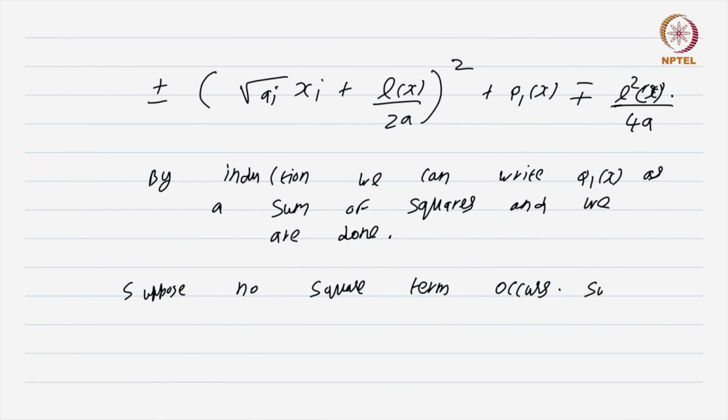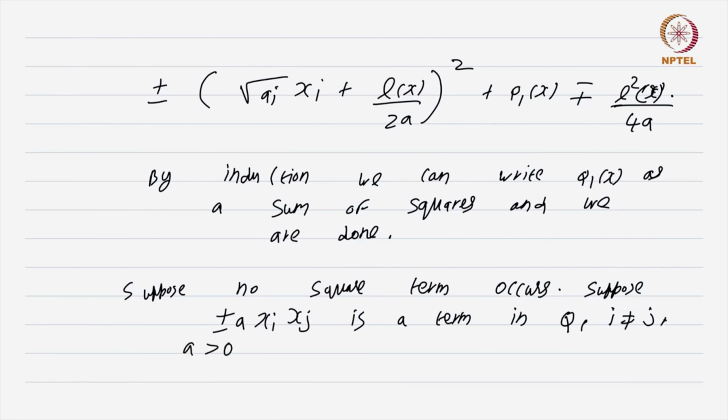So suppose plus or minus a xi xj is a term in Q. Here of course i is not equal to j by assumption, as no square term occurs. And we are going to also assume as usual that a is greater than 0.